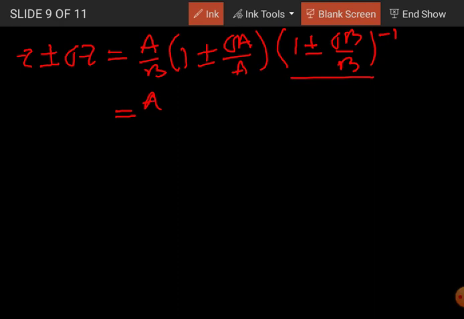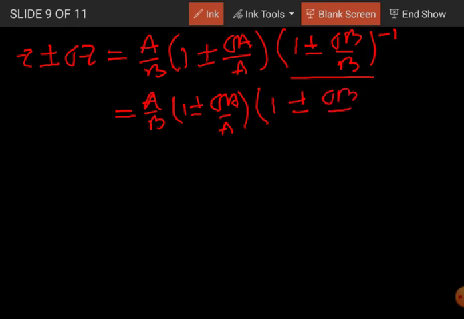So a by b, 1 plus minus delta a by a, and when you apply the binomial expansion, it will be plus minus delta b by b to the power 1, plus n into n minus 1 and so on, and the square of delta b by b will come up in the subsequent step. In the next term, it will be delta b by b cubed, like that it will come up.